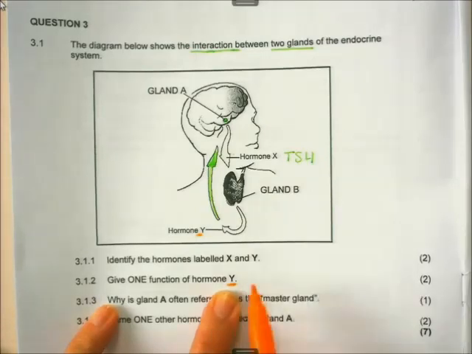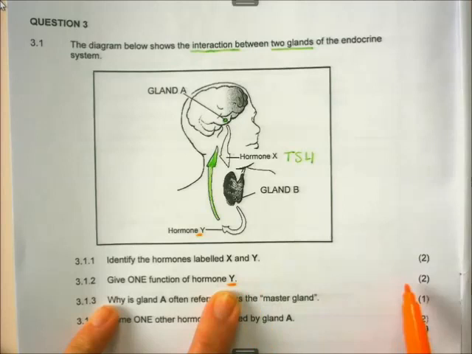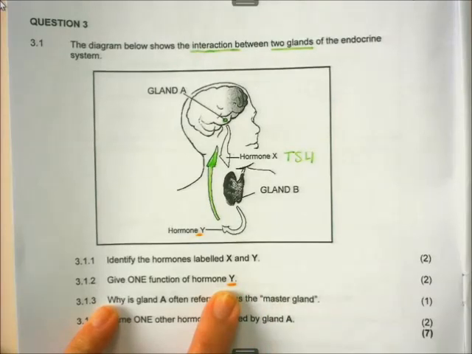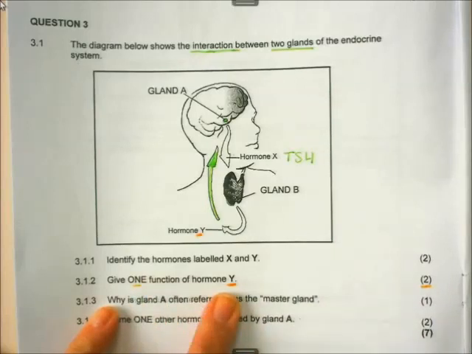It promotes the absorption of glucose, and it accelerates heartbeat, as we said on the PowerPoint. So for 2 points, give one function: it increases the metabolic rate. That is the first and primary function.